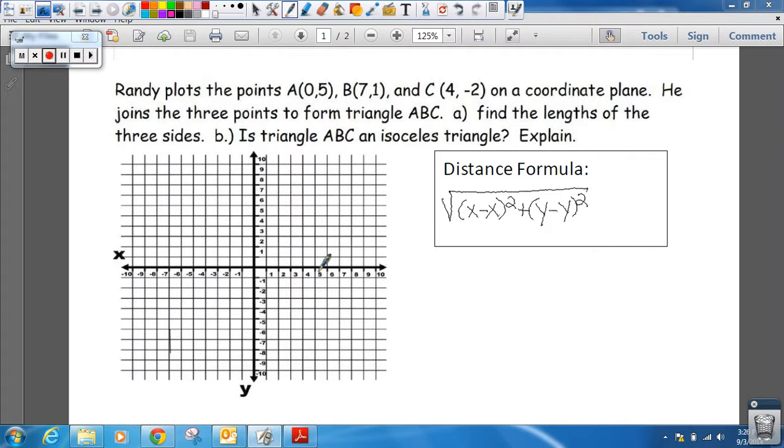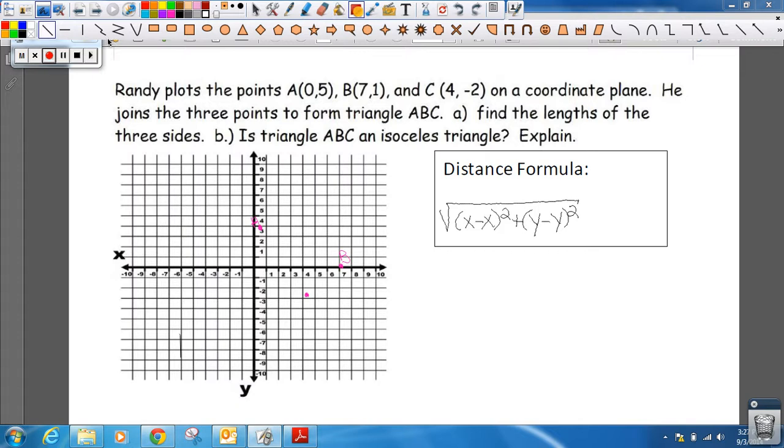A is at 0, 5. So I don't go left or right at all. I go up 5. And I'm going to mark that as A. B is at 7, 1. And C is at 4, negative 2. Okay, and I'm going to try to connect this using this tool.